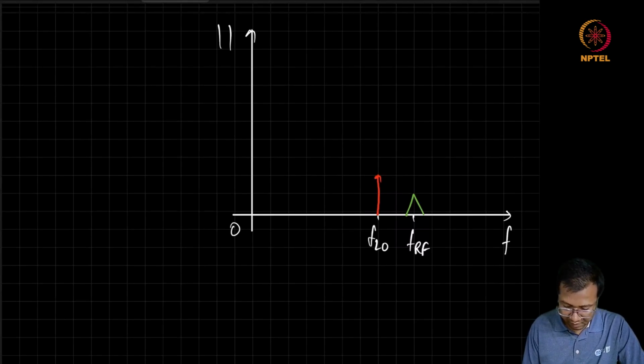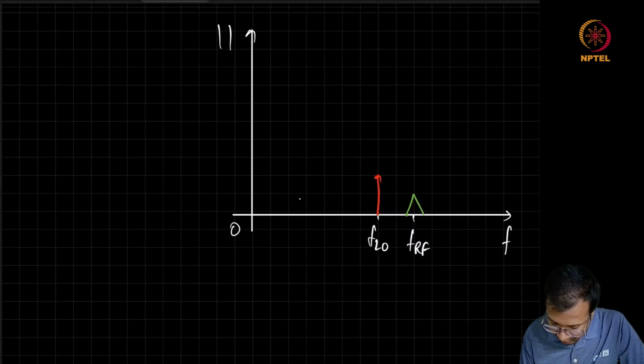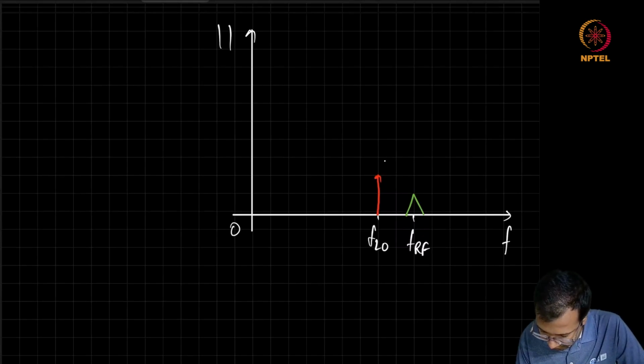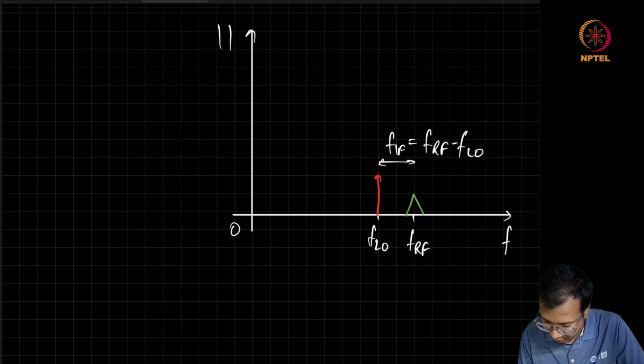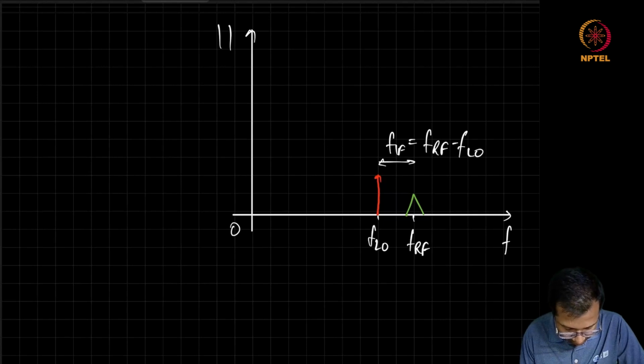So we can see that this difference frequency, which is your FIF, is equal to FRF minus FLO, will result in signal to appear here.